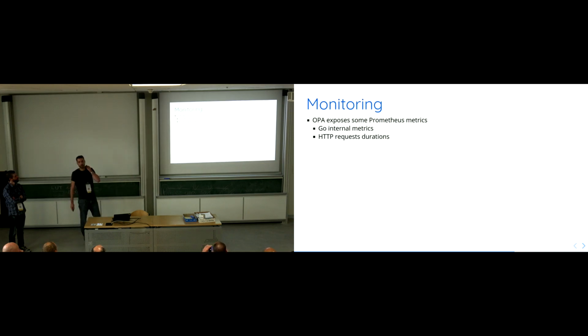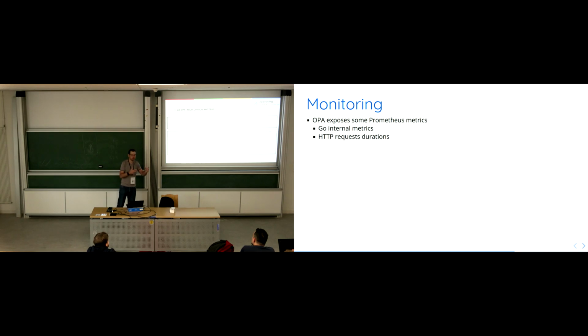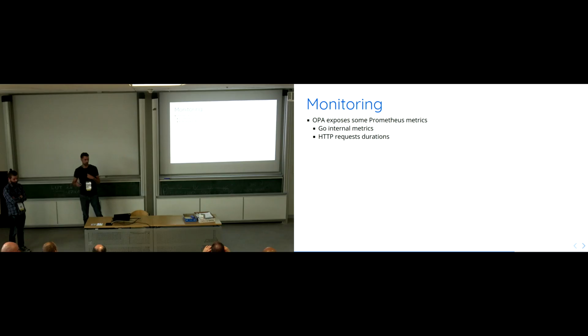OPA itself, by default, natively exposes some Prometheus metrics, some internal Go things, but also some things about HTTP requests. Here we are really talking about the requests going to OPA, not about the OpenStack API, but that gives us information about how long it takes for OPA to process and answer the requests coming from Nova API and the other services.